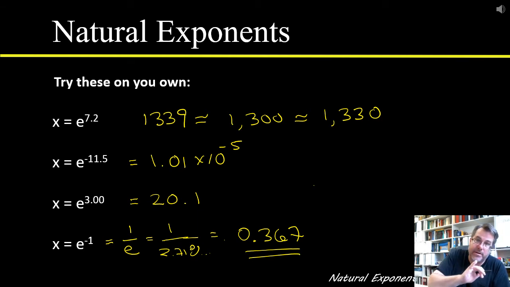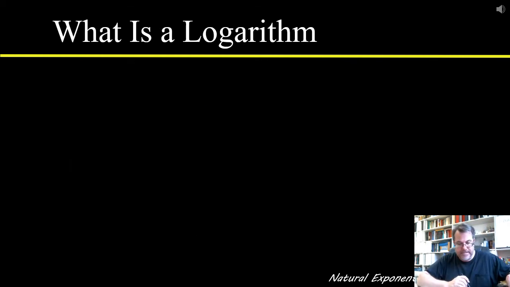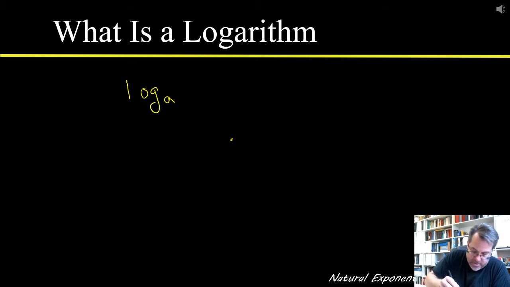Now let's go on and look at logarithms. All right, so what is a logarithm? Logarithms are written like this, and they've always got a base, which is written down here. Although sometimes they have an implied base, they don't actually have an explicit base.